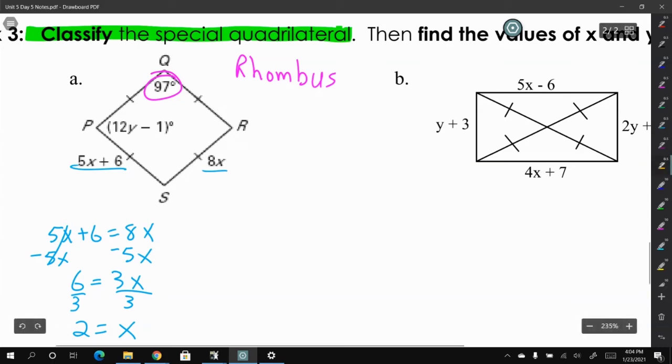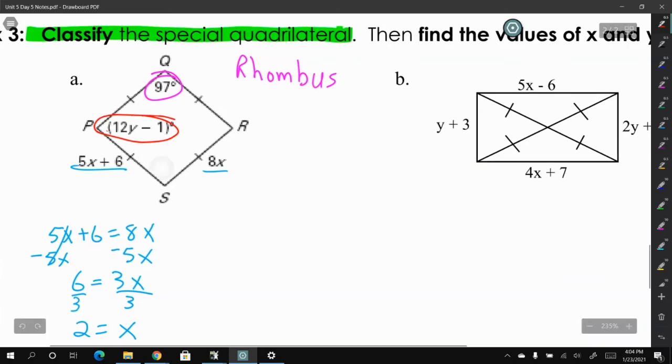Now for the angles, these two angles are not congruent. Those two angles add up to 180 degrees. These are consecutive angles. And remember from the properties of parallelograms that the consecutive angles are supplementary, or they add up to 180. So 12y minus 1 plus 97 is equal to 180.